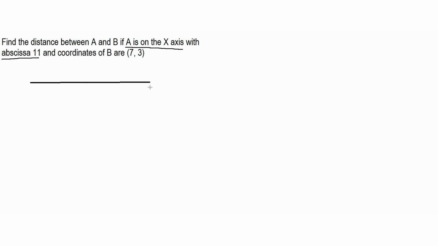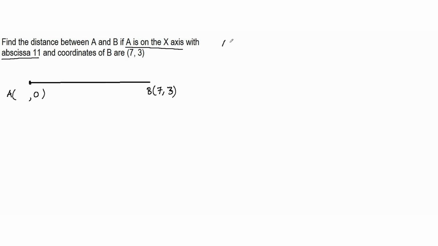The point B has coordinates 7, 3. A is a point on the x-axis. That means I could consider the abscissa of A. Because the point A is on the x-axis, I know that the y-coordinate of A is going to be 0.